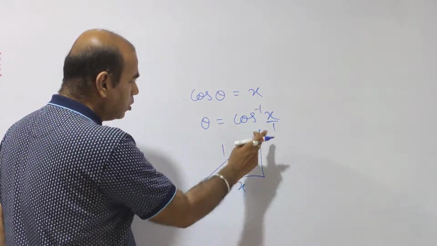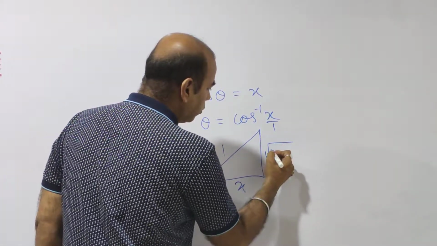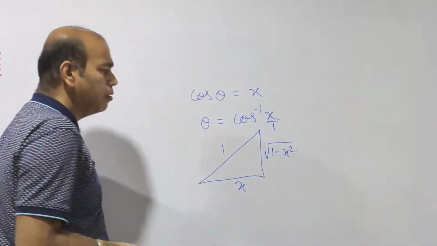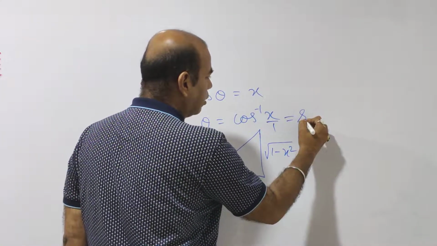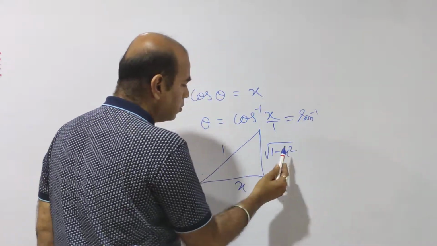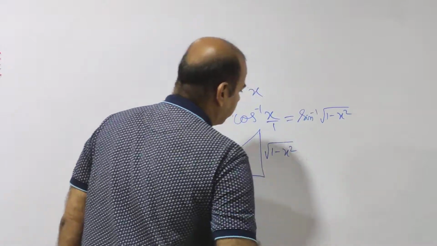So base is x, hypotenuse is 1. So I get root over 1 minus x square as the perpendicular. Now cos inverse x, I can change to sine inverse. Sine is perpendicular by hypotenuse, so sine inverse of root over 1 minus x square.